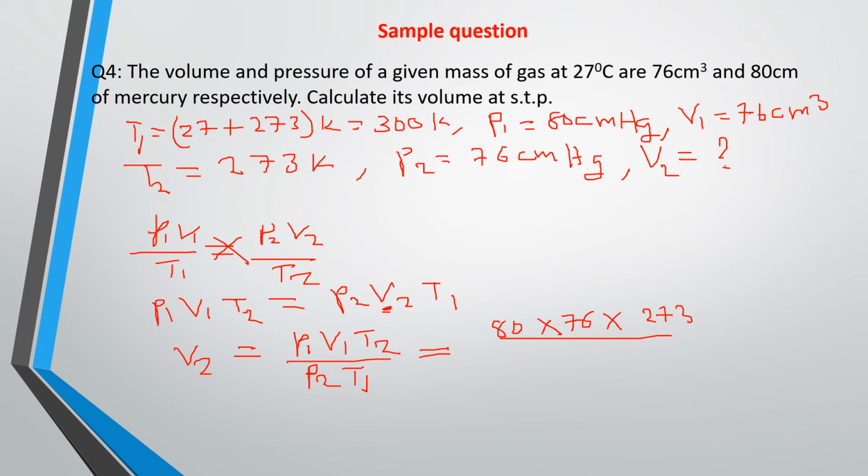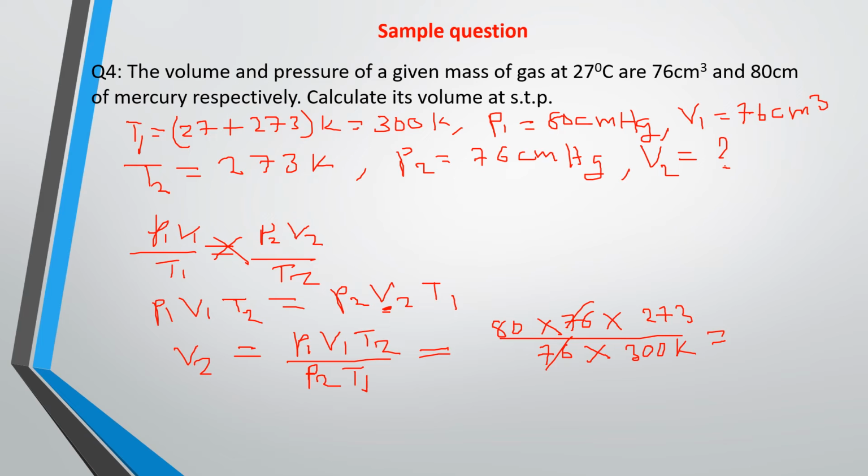Then you divide by P2, which is 76 centimeter of mercury, multiplied by T1, which is 300 Kelvin, as we got above. Okay, so next you can now punch your calculator. This will cancel out.